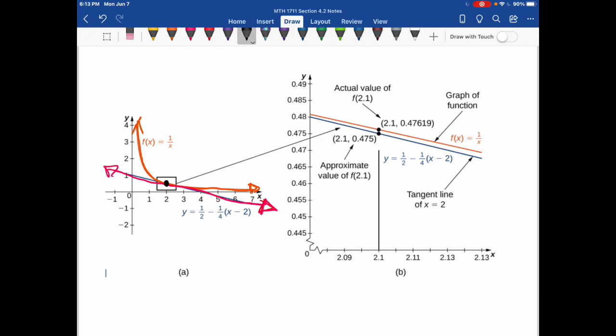Now, the second picture on the right, picture B, is this frame that I'm highlighting in green here. It's blown up so you can see a really close look at it. So you see the orange is the graph of 1 over x. And if you notice, the point that we're looking at here, the x coordinate is 2.1. X equals 2 is off to the left somewhere off of this grid.